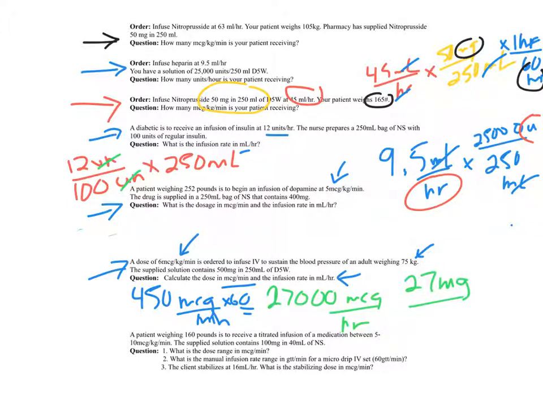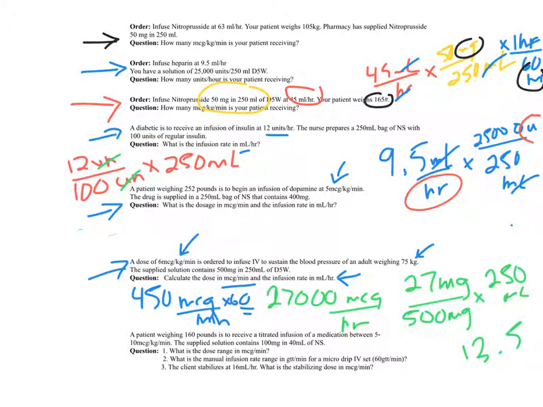Putting that into the dosage formula, here's the H and the Q, 500 micrograms per 250 milliliters, so 27 divided by 500, and then taking that and multiplying by 250 would mean that this person is getting this IV at a rate of 13.5 milliliters per hour.